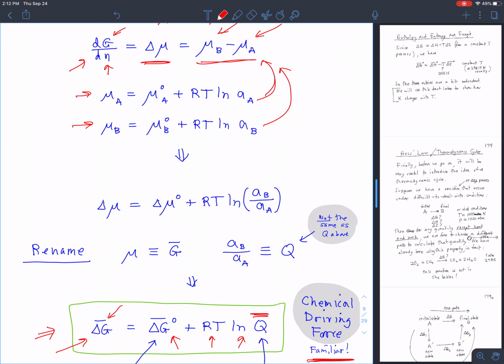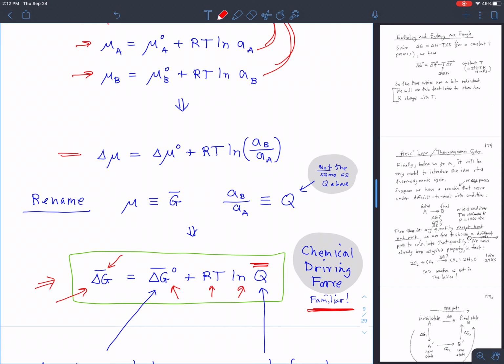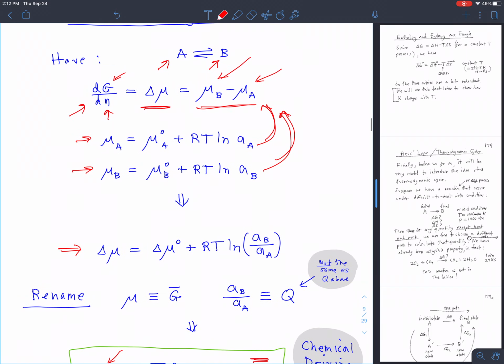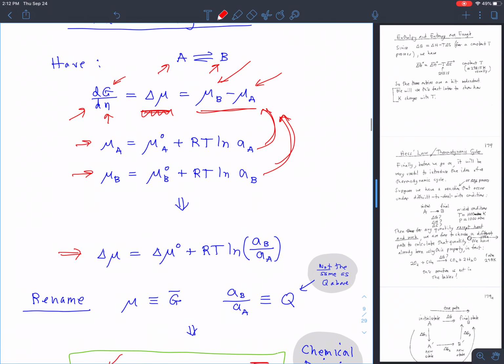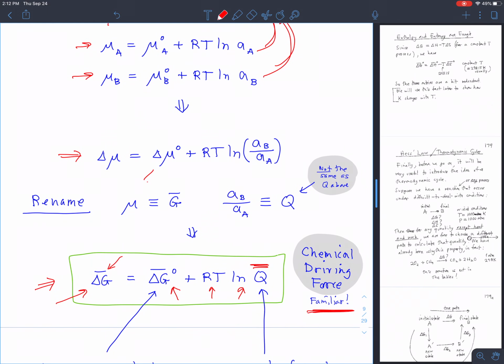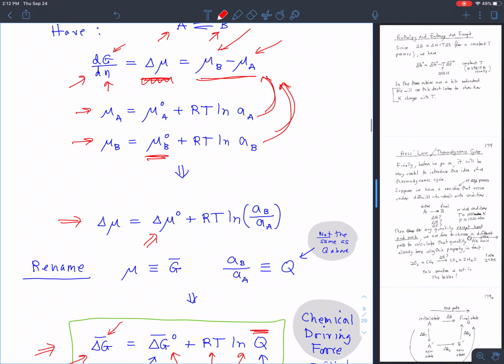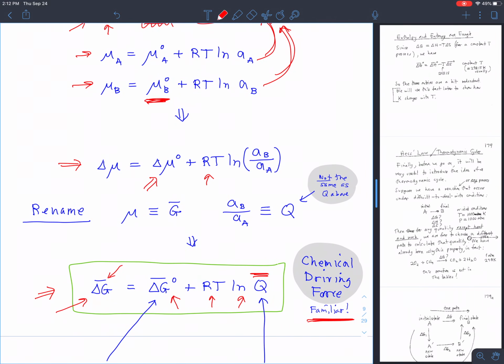We plug these two expressions in, and do a little bit of rearranging, and we get that this difference in chemical potential between the product and reactant sides is equal to a standard state chemical potential, that comes from these terms, plus RT times the logarithm of the ratio of the activities for species B over species A. In other words, it's activity of products over activity of reactants.